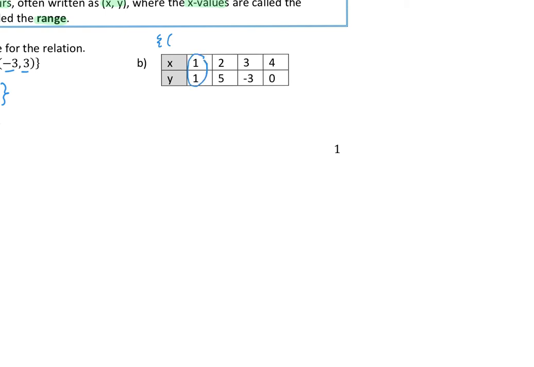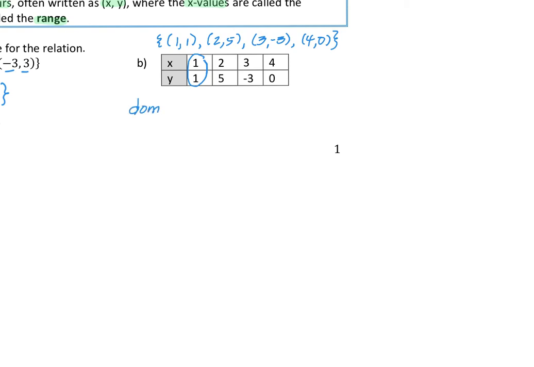So that would be the ordered pair 1, 1. And then the next column would be 2, 5. And then we have 3, -3, and then 4, 0. So I can write this table as a set of ordered pairs, so it is a relation.